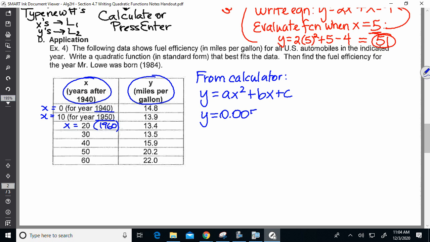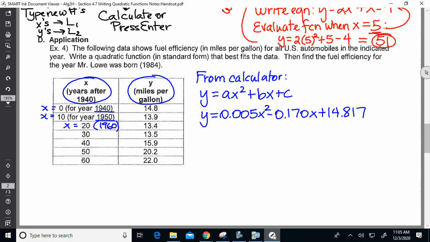Like I said, have fun with that. You can do it, it's just going to deal with a whole bunch of nasty decimals. So, there's our function. First part of this problem is done.